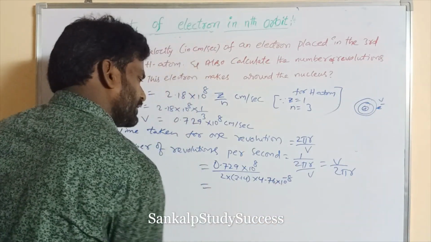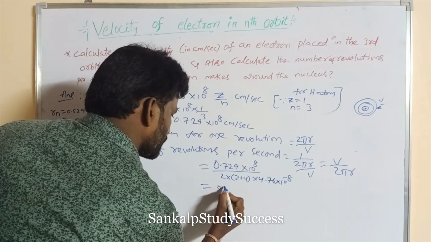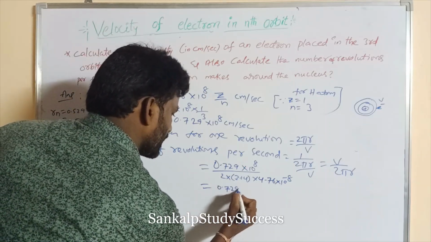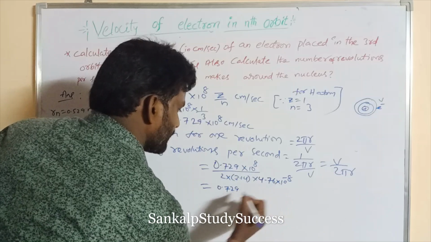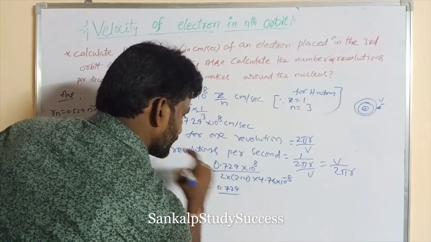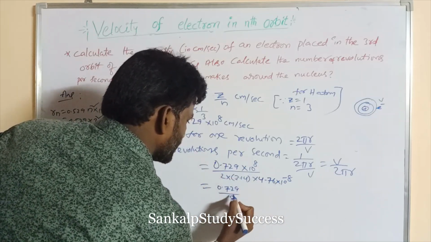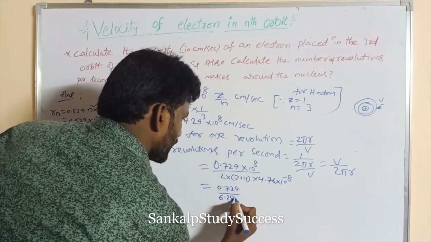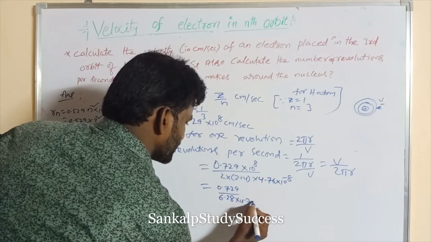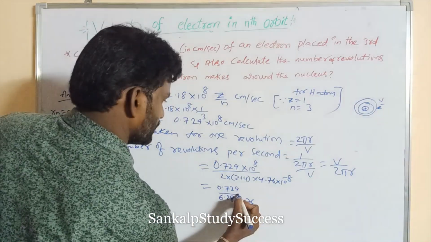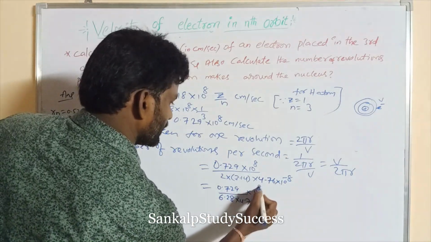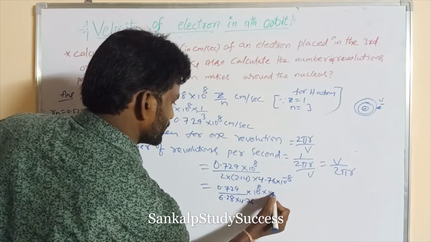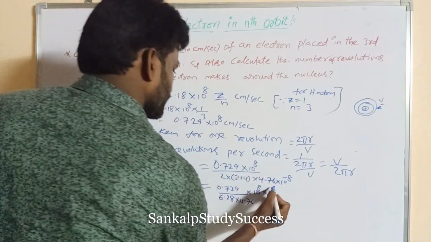So finally we got 0.729 divided by 6.28 × 4.76, times 10^8 × 10^8.